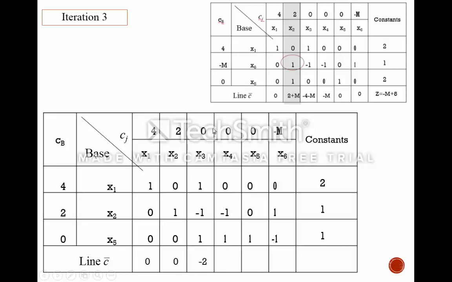And the fourth is 0 minus 4 times 0, minus 2 times minus 1, minus 0 times 1, and the result is 2. And the fifth is 0 minus 4 times 0, minus 2 times 0, minus 0 times 1, and the result is 0.